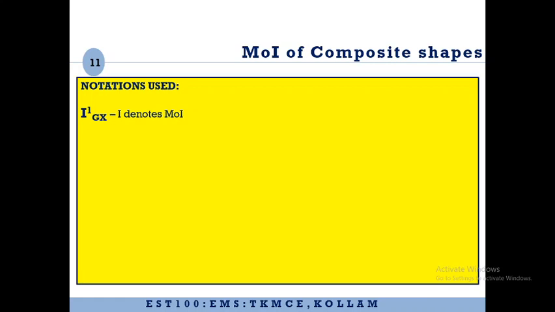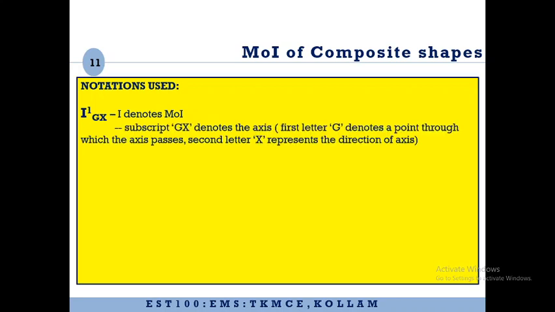For example, let us consider the notation Igx of 1, where we have both a subscript and a superscript. The letter I denotes moment of inertia. The subscript Gx denotes the axis about which the moment of inertia is taken. Again, an axis is represented by two letters. The first letter represents the point through which the axis is passing, and the second letter denotes the direction of the axis.